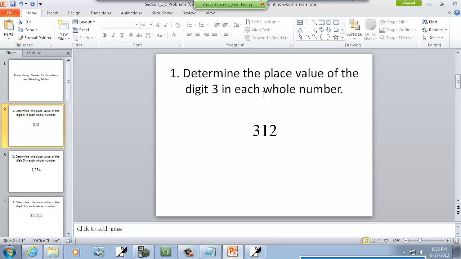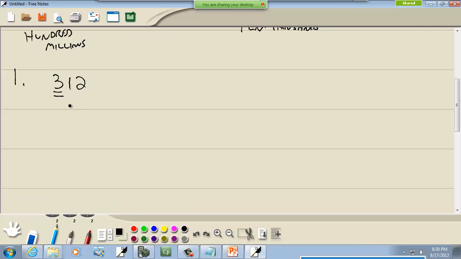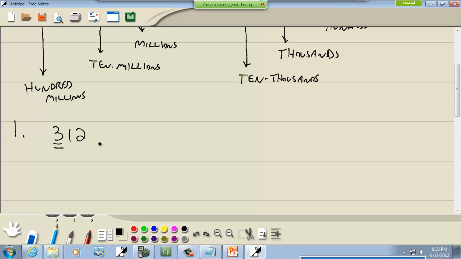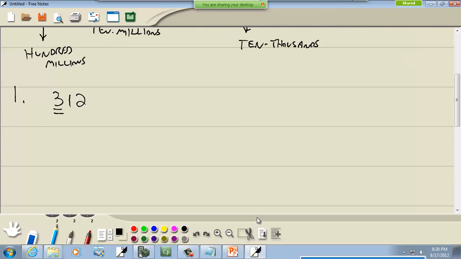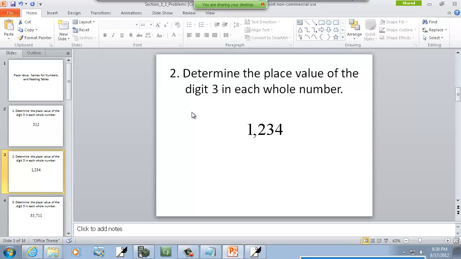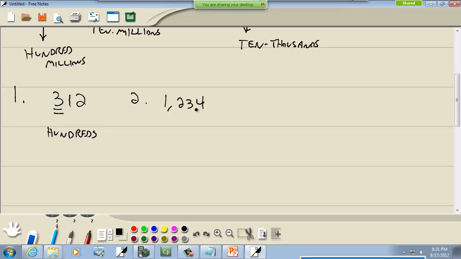So the instructions say determine the place value of the digit 3 in each whole number. Well, the 3's right here. And if I go up, the third one from the right is the hundreds place. Now, next one. We got 1,234, and determine the place value of the digit 3 again, which is right here.